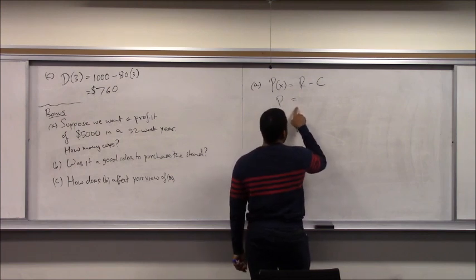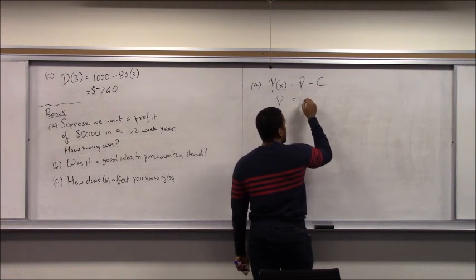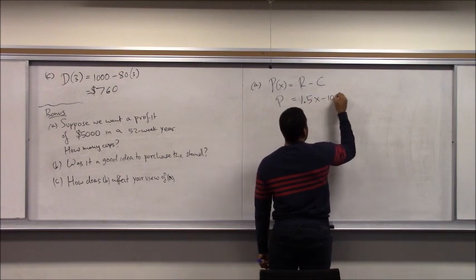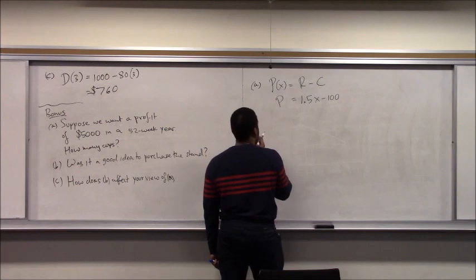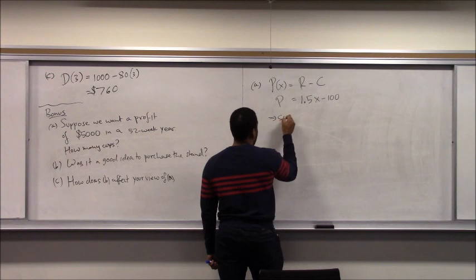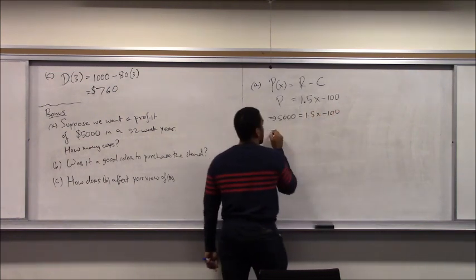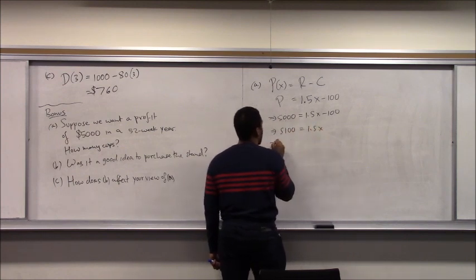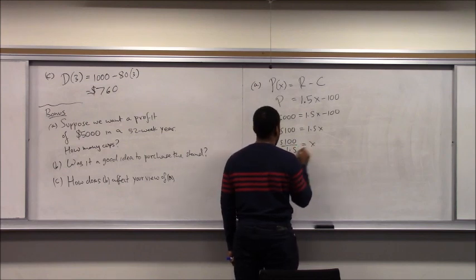So what was it? $1.50x minus 100. And so how would I figure out how many cups to make a profit of 5,000? Plug in the 5,000. I give you 3,400.